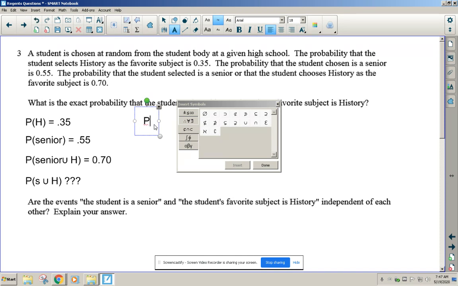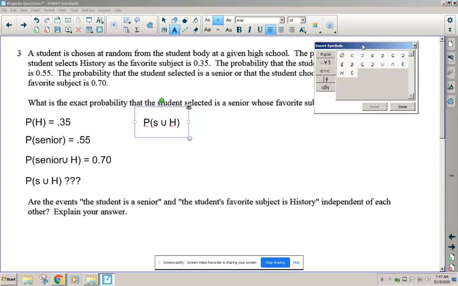So the probability of being a senior or history is going to equal the probability of being a senior plus the probability of history minus the probability of being a senior and history. So I need that overlap.